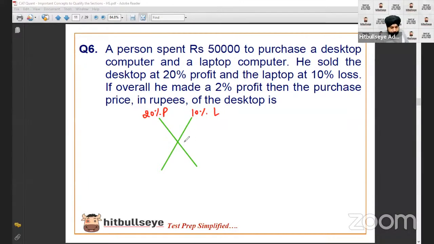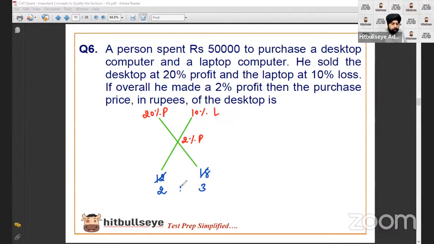Now, overall, he made a 2% profit. People then take up the difference, 10% loss, 2% profit, difference will be 12, 20 and 2% difference will be 18. Now, if you take the ratio, this comes out to be 2:3. 2:3 is the ratio of desktop and laptop.